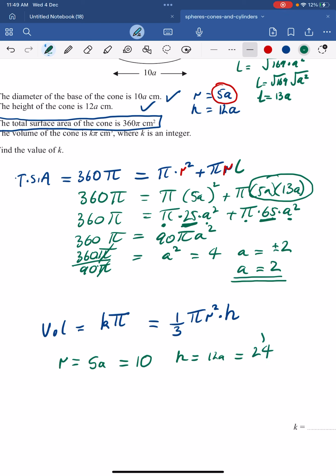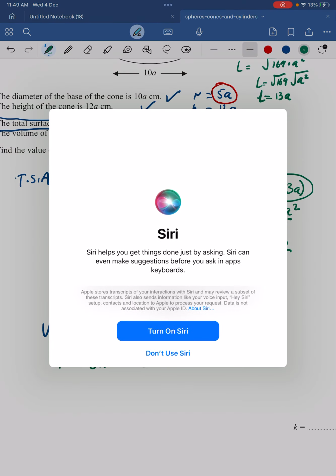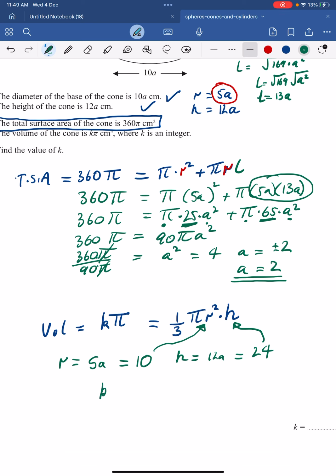So we can go ahead and substitute these numbers in here, and we should then get an answer for k. So let's go ahead and try that. So k pi here equals 1/3 times pi times r squared times 24.